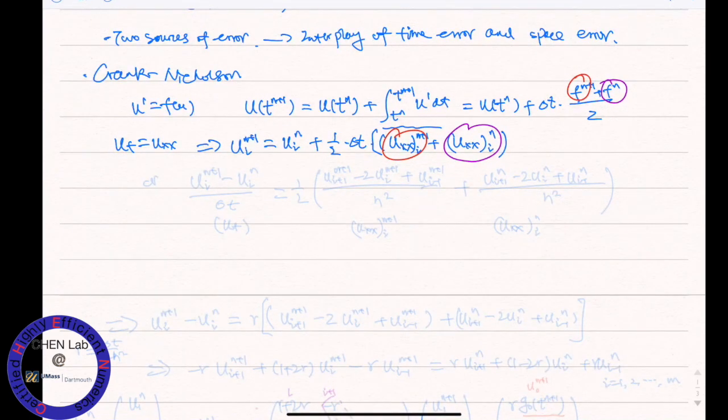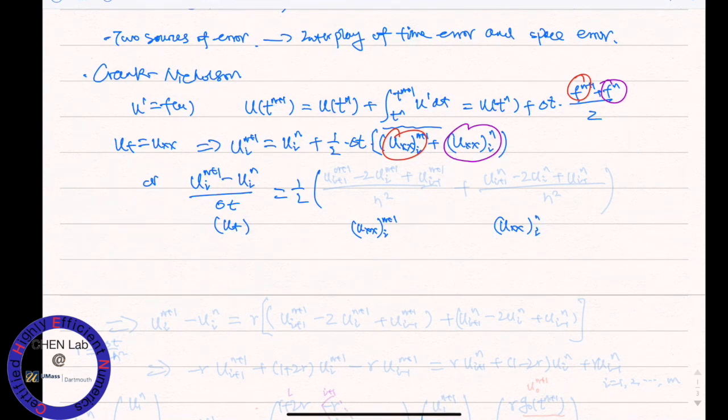To see this, we simply have (u_i^{n+1} minus u_i^n) divided by delta t, that's u_t, equal to 1/2 of u_xx at n+1 plus u_xx at n.